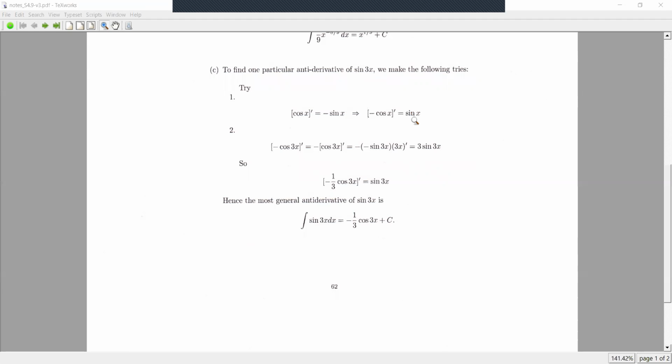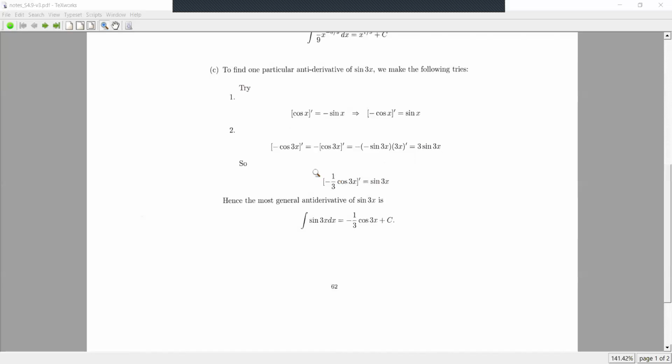Now, let me make a second try. This time, I try negative cosine of 3x. By the chain rule, the derivative of negative cosine of 3x is 3 times sine of 3x.